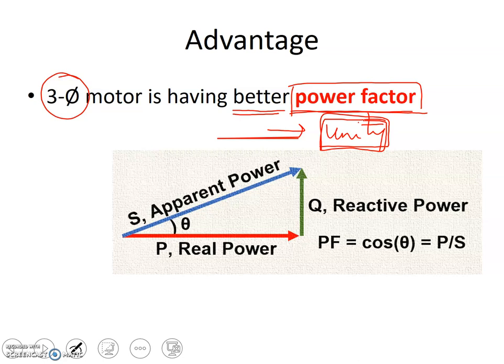So a machine will be drawing lesser current for the same amount of power, and lesser current will result in lesser power loss. So this is the advantage associated with a three-phase motor, wherein the power factor is better as compared to a single-phase motor.